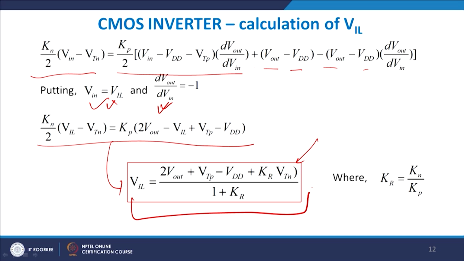Relatively, Kr is basically Kn by Kp, the process transfer parameter for N and P. If the values of the parameters are extracted fine, we can say that VIL is given by this equation, and it depends on the value of Kr, and also on the value of Vout and VDD.